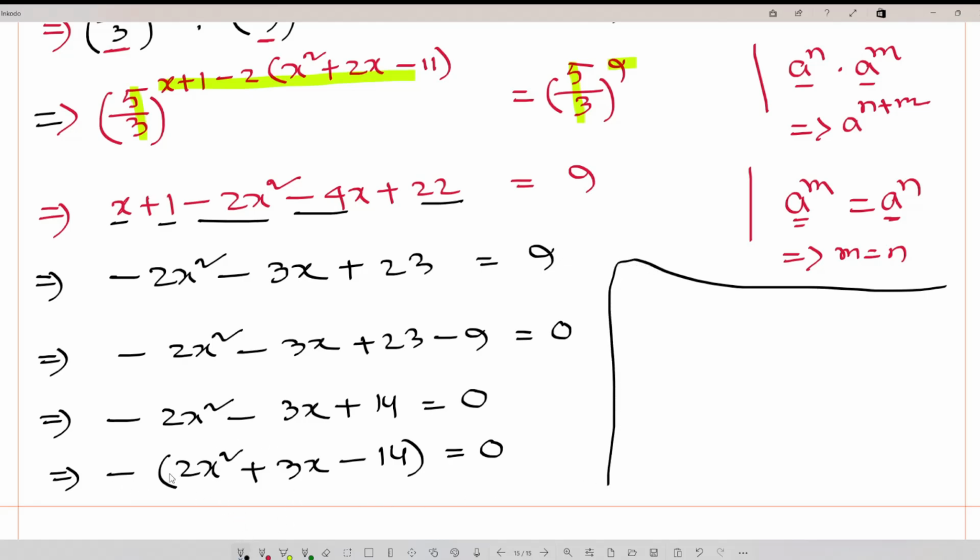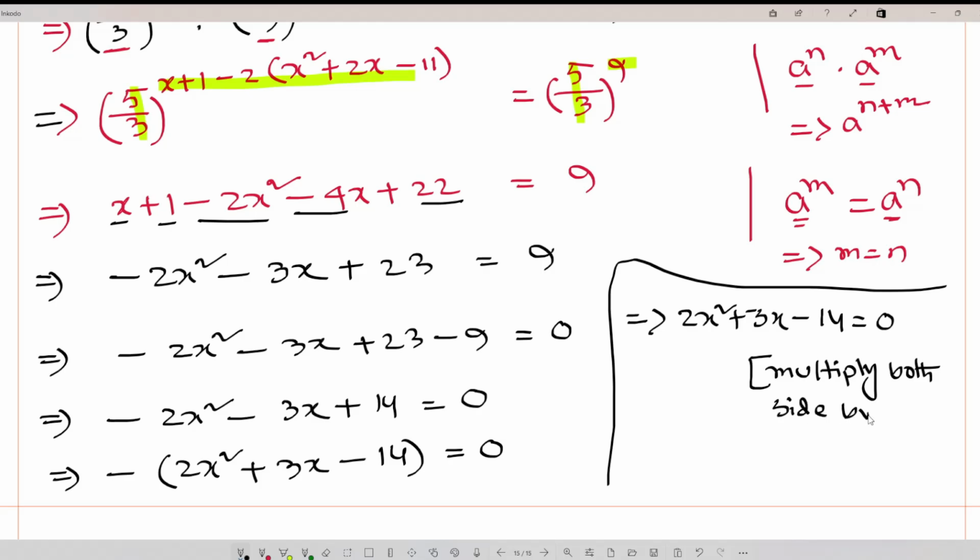Once we multiply both sides by −1, we will get 2x²+3x−14 equals 0. So our massive part is done.